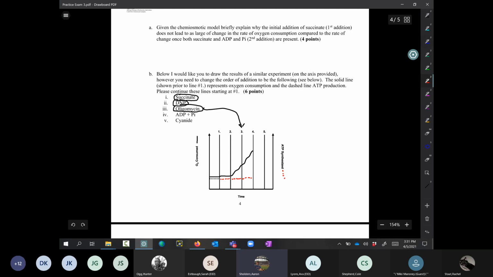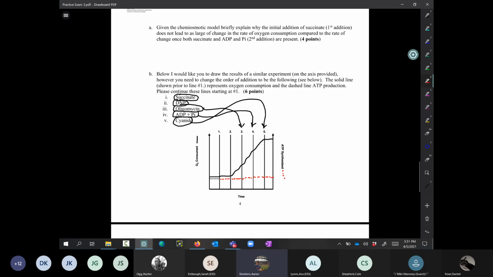Add ADP and inorganic phosphate, not much is going to happen here. You've already inhibited ATP synthase. You've already uncoupled the two processes. So this goes up, and this just continues to flatline. And then finally, the last addition here is cyanide. When you add cyanide, you inhibit the electron transport chain, and of course, ATP synthesis continues to flatline.